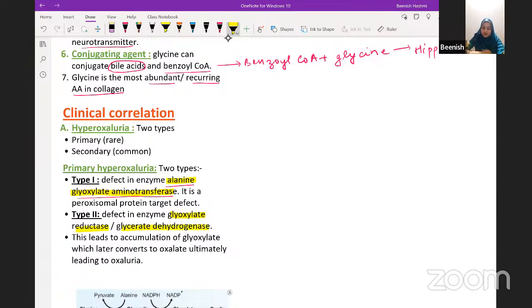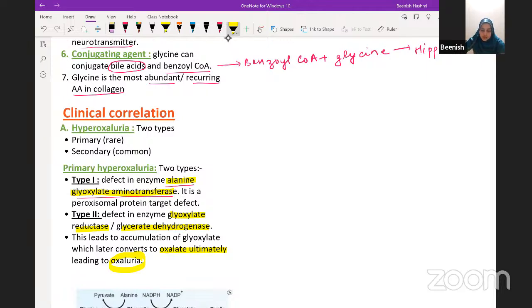So what is happening basically is there will be accumulation of glyoxylate, which later converts into oxalate and ultimately leads to oxaluria. So what is happening? Your glyoxylate, which is produced as an intermediate molecule in the metabolism of hydroxyproline, glycolate, and glycine, that glyoxylate needs to be metabolized further.